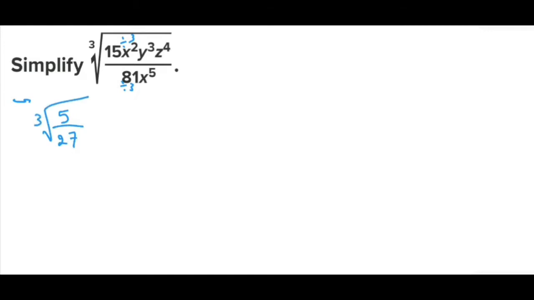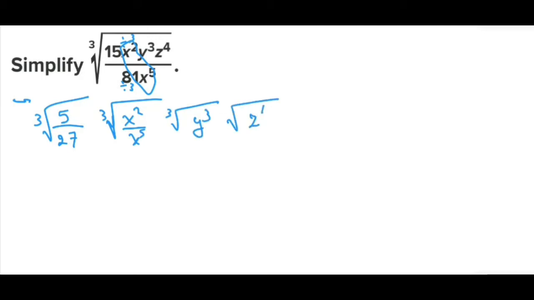I will separate the cubic root of each one. And then we have cubic root of x squared over x power 5. Can you see the x's? Okay, so I separated the x's. Also, we have a cubic root of y power 3, and we have a cubic root of z power 4.